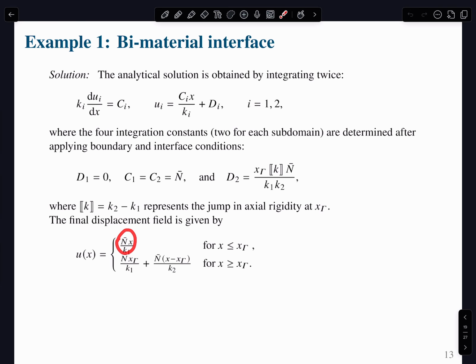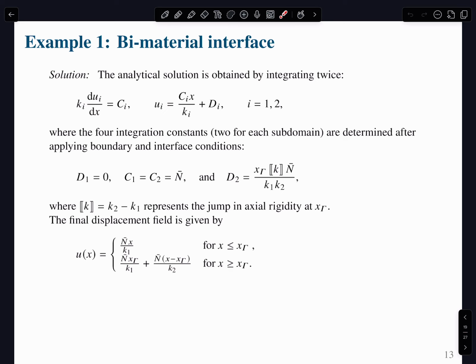Which is this term. So at that point, we have n bar x gamma divided by k1, which is, again, obvious. After that point, that segment is not going to deform further, so that is kept constant. And now we have the other one, where my second bar is going to be deforming a certain amount, okay? So that's being added.